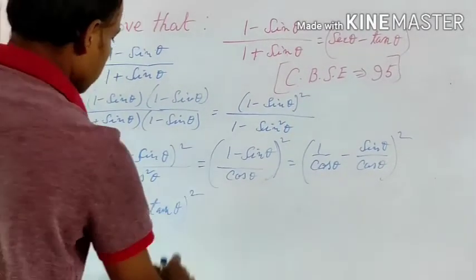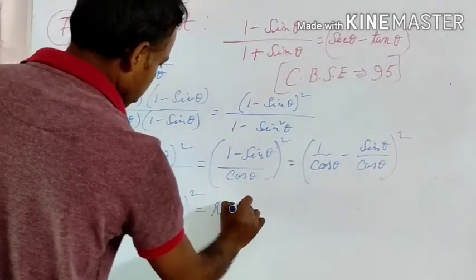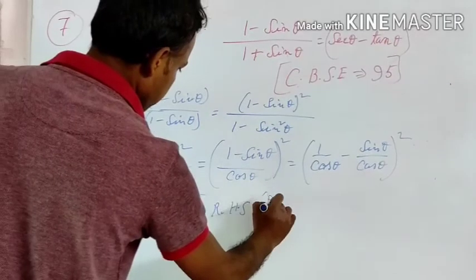Then the whole square is as usual equal to the right hand side.